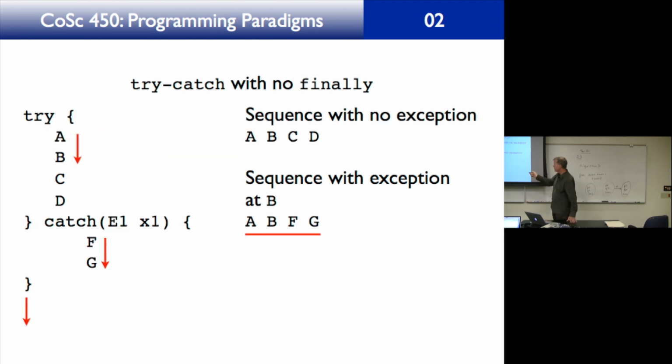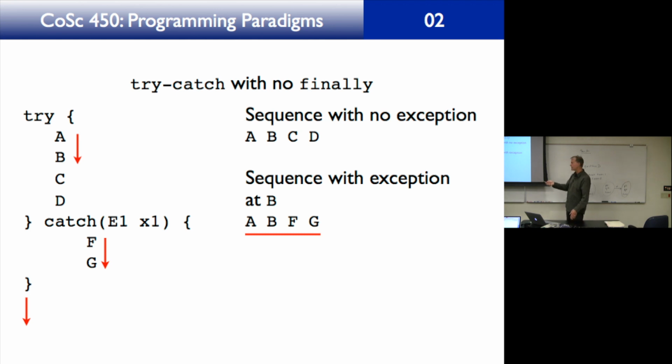So there's an abrupt termination at the statement that causes the exception, and then if the programmer decides to do some processing for that kind of exception, he says catch, and he puts the type of the exception here that he wants to catch, and then a variable, which is the exception that he can use in these lines F and G. So this is kind of like a parameter.